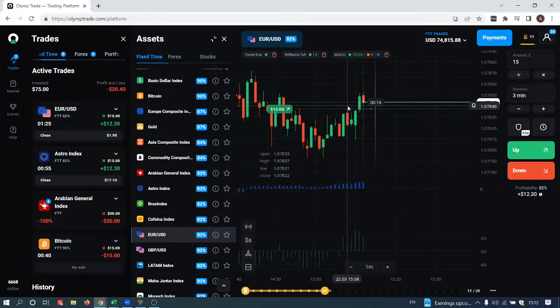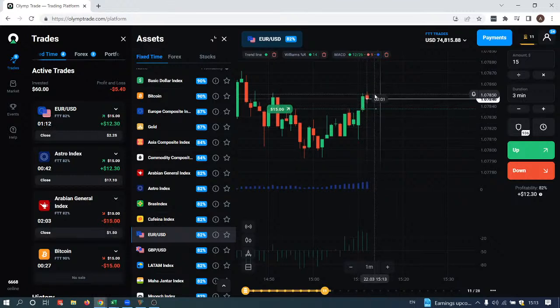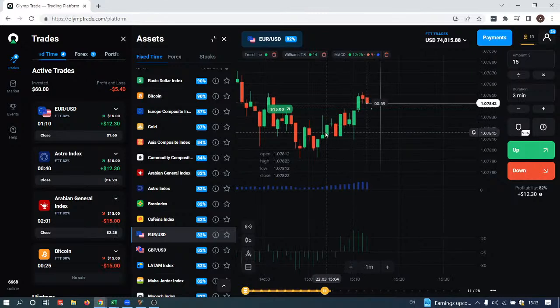In this case, we are trying to catch the very momentum, the very impulse of the chart. So it doesn't matter what happened five minutes ago. What matters is what is about to happen now.